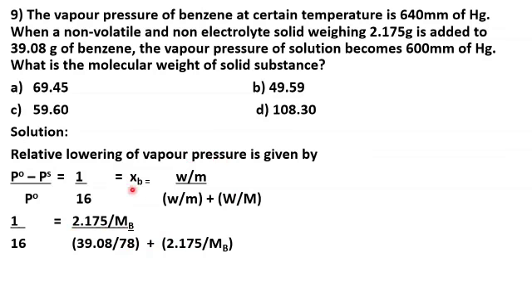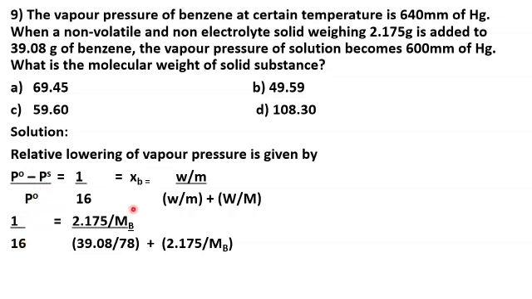Substitute the values and you will get an equation like this. (P0 minus Ps) divided by P0 becomes 1 by 16. Here P0 is 640 and Ps is 600, so it becomes 40 divided by 640, which is equal to 1 by 16.